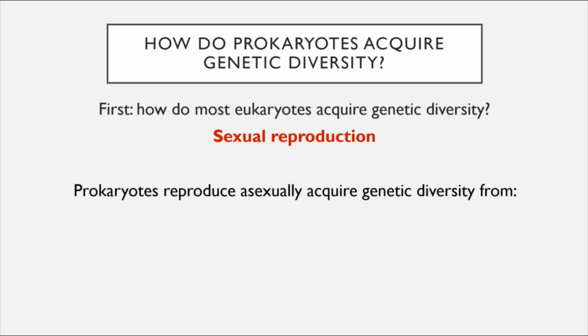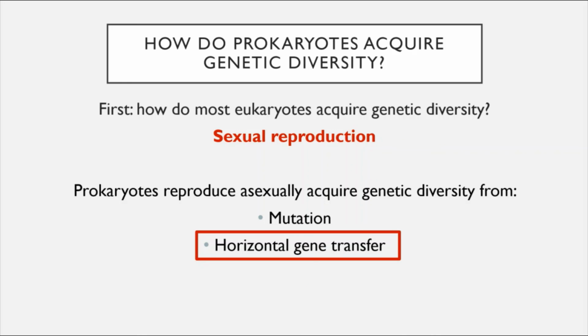And so they have two alternative sources of genetic diversity that do not come from sexual reproduction. And those sources are mutations, or random errors in the genetic code, as well as methods of horizontal gene transfer. We've already talked about mutations, so now we're going to talk about horizontal gene transfer.